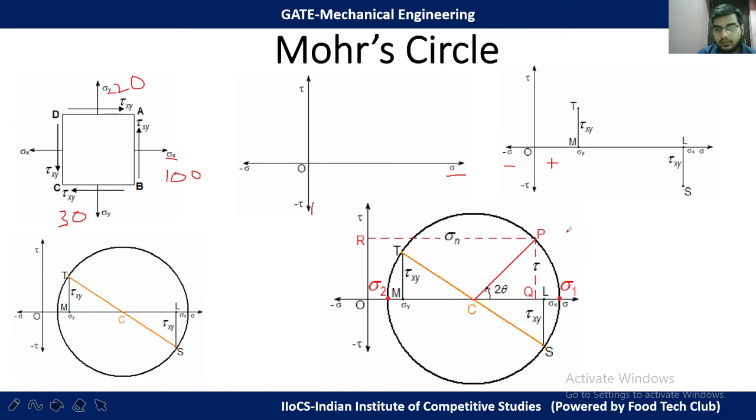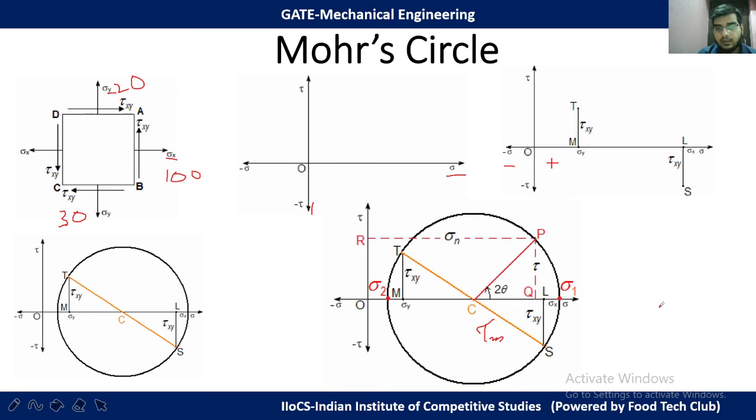And this value CT or CS is maximum shear stress. Okay, this is tau max. So we can get the value of sigma 1, sigma 2 and tau maximum.